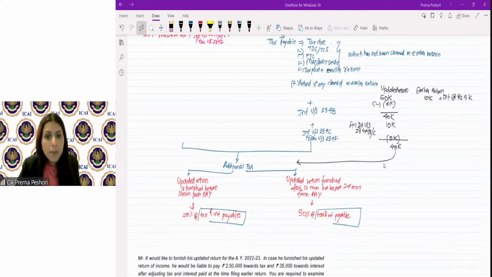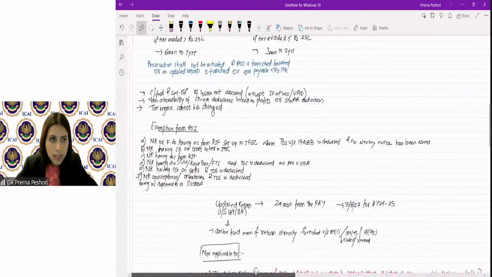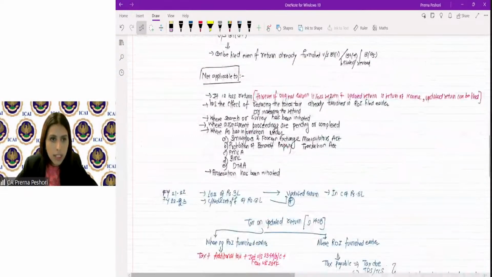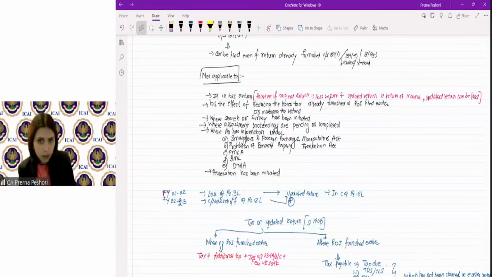Okay, I'll repeat it. Namrata, let me take that example again. If for the financial year 21-22 I had a loss of 3 lakh, and in 22-23 I have claimed that loss against my income. Now, let's say for 21-22 I am going for an updated return.